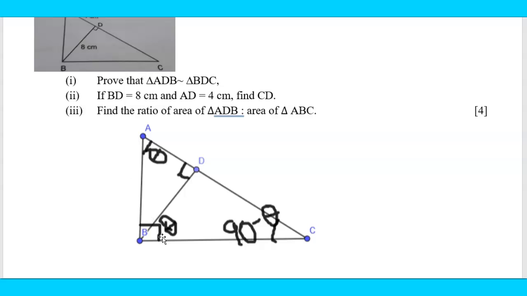So if one angle is 90, suppose angle A is theta, this will be 90 minus theta. Same way, if you take this triangle BDC, in that this D angle is 90 degree, this is 90 minus theta, means angle DBC will be theta. So you can prove that these two angles are equal, and angle D and angle B are right angles. Therefore, these two triangles are similar triangles.